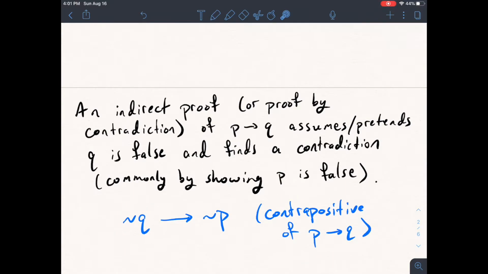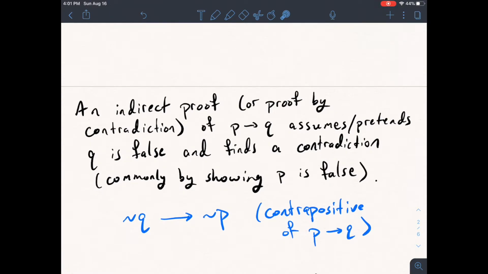You're providing a direct proof that not Q implies not P. Here it's just a matter of pedantics, or however you want to describe it.